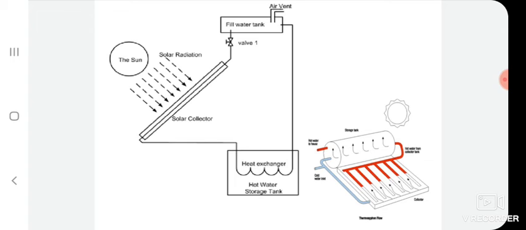When there is insufficient sunlight, the water is preheated and a backup system takes over to bring the water to the required temperature. This system can therefore be used to produce hot water at a constant temperature throughout the year without emitting any carbon dioxide.